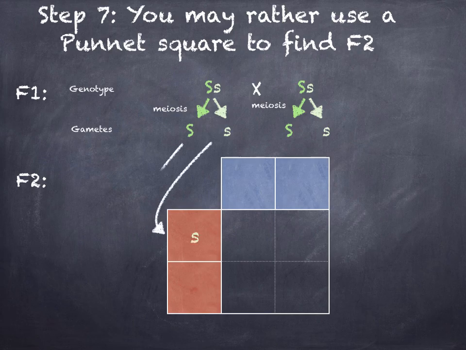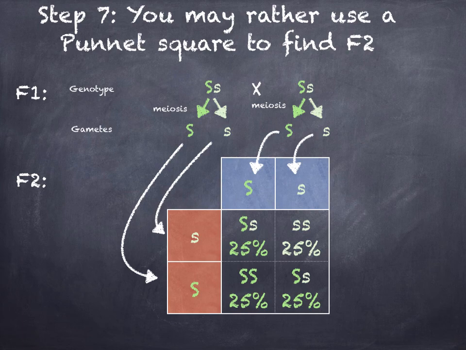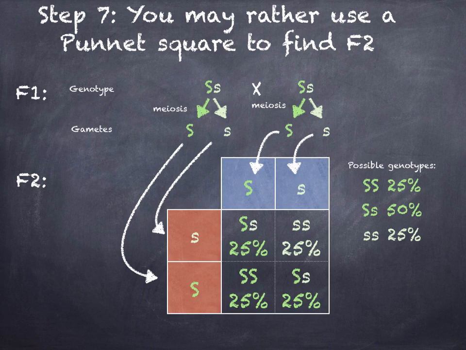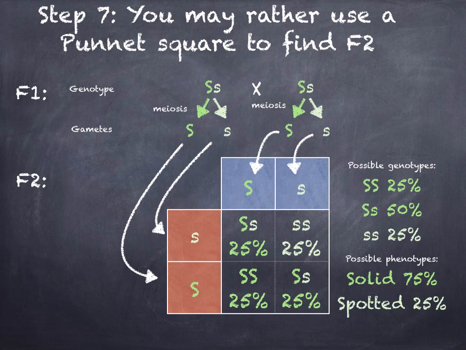One parent goes on one side, the second parent goes on the other side of the square, and then when you combine all of these possible gametes, like a big S with a small s gives you 25%, etc. So you obtain the exact same result. Possible genotypes: big S big S 25%, big S small s 50%, and small s small s 25%. In terms of phenotypes, same thing, 75% solid, 25% spotted.